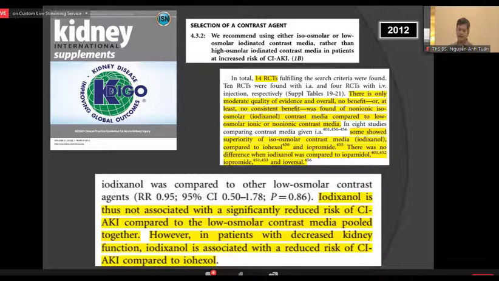Họ nói rằng đối với iodixanol, nghĩa là đồng áp lực thẩm thấu, mặc dù nó không làm giảm nguy cơ tổn thương thận cấp sau khi chích thuốc tương phản so với các thuốc tương phản áp lực thẩm thấu thấp, nhưng đối với những trường hợp đặc biệt là có tổn thương thận, đã giảm chức năng thận rồi, thì đồng áp lực thẩm thấu vẫn có khả năng giảm nguy cơ hơn so với nhóm bình thường.